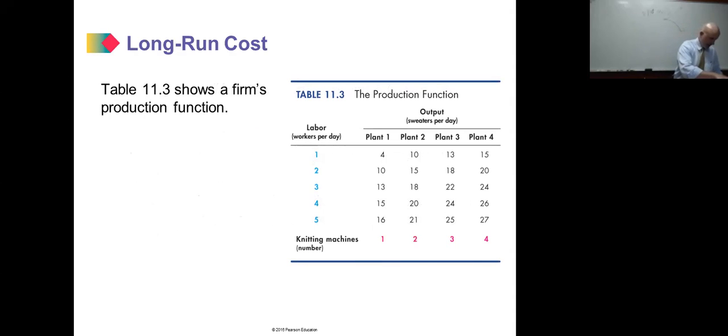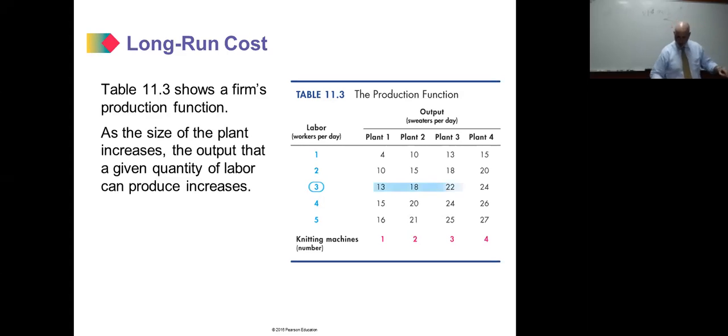I'm just going to look at a couple slides here. All right, table 11.3. Table 11.3 is going to show the production function. As the size of a plant increases, output what?